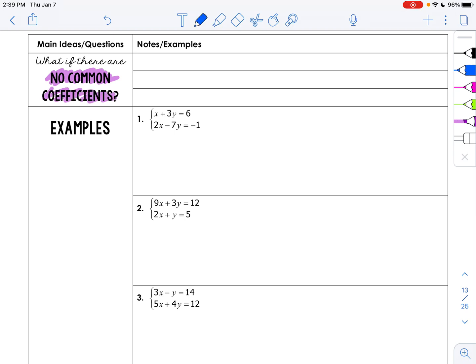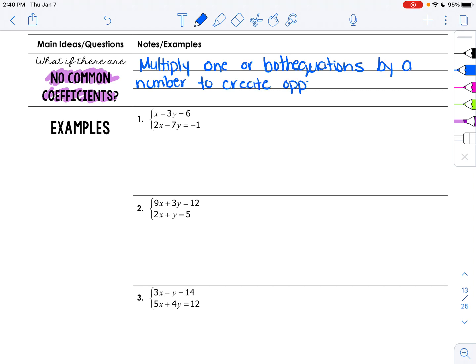If you don't have a common coefficient, to do the elimination method, you need to multiply one or both equations by a number to create opposite coefficients.